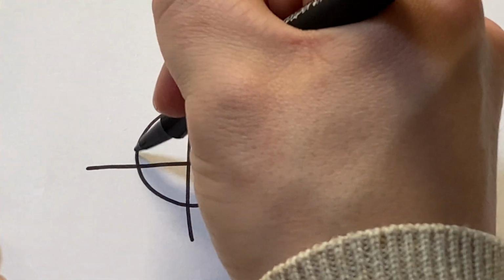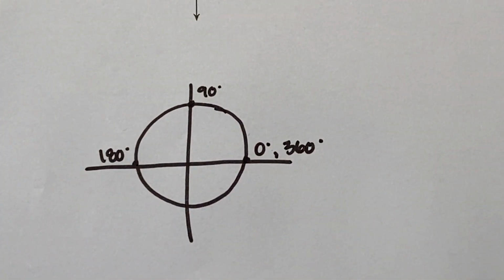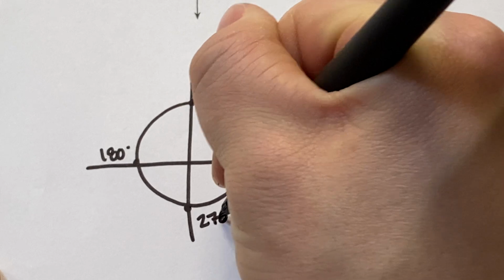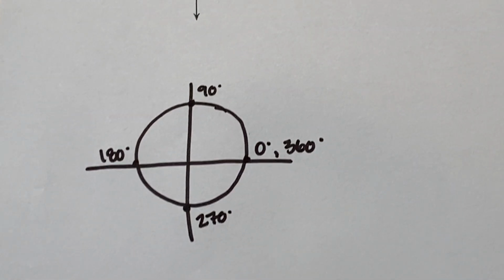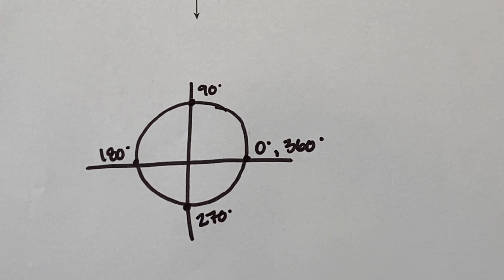Then you're gonna go another 90 degrees, which means this spot right here is 180 degrees. You're gonna go another 90 degrees. This spot right here is 270 degrees. Okay, cool. Alrighty, those are the bullet points.